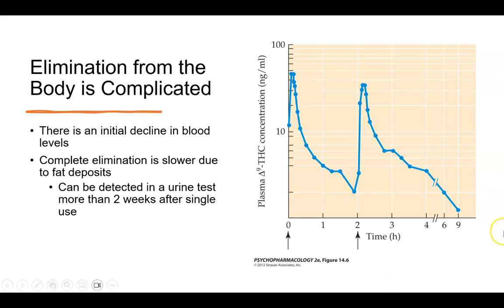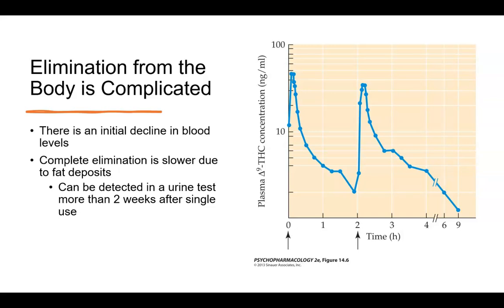Even after that clearance, the half-life of THC is estimated to be about 20 to 30 hours. That basically means with 3 half-lives, you don't have complete elimination until 90 hours.